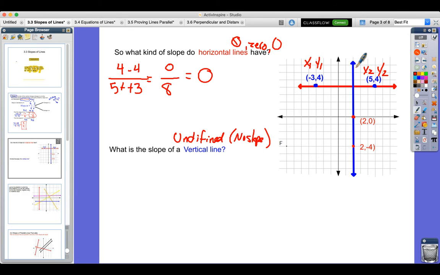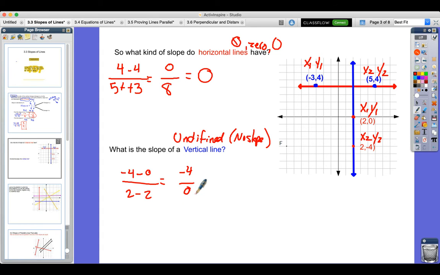Let's do this vertical line. I said horizontal, my bad. This would be our x1, y1, and this would be our x2, y2. Same concept: y2, -4, minus y1, 0, over x2, 2, minus x1, 2. We get -4 on top and 0 on the bottom.